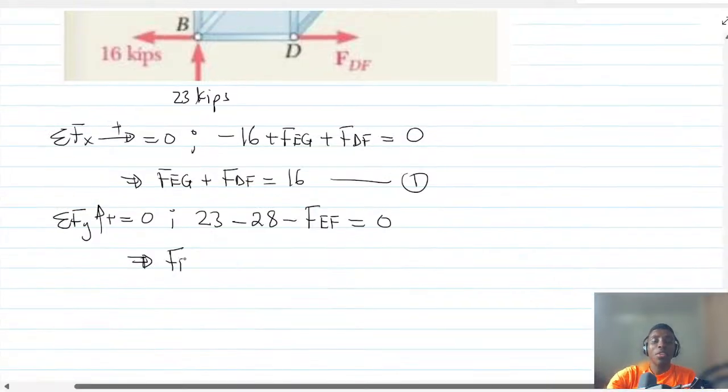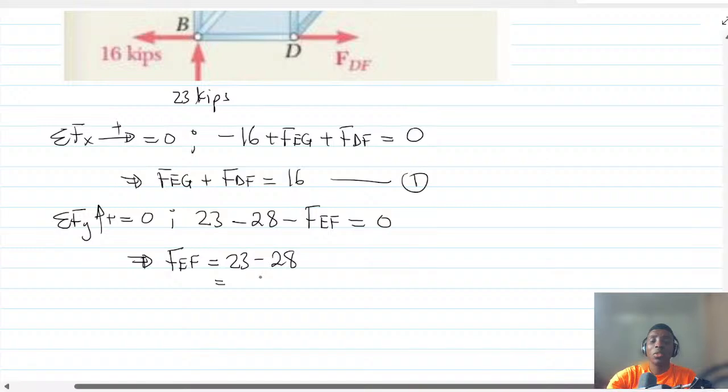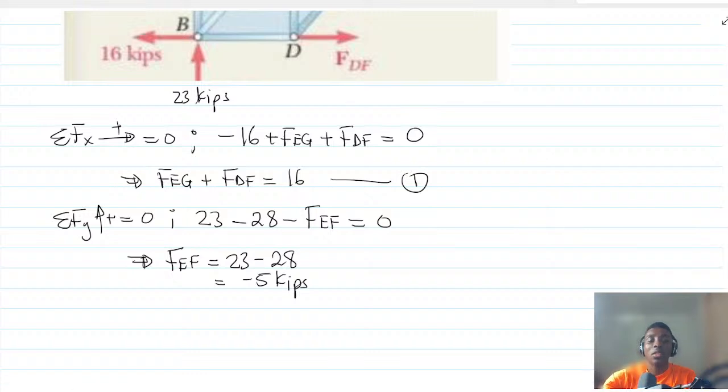So FEF, or the force in member EF, is going to be 23 minus 28, which is what? Minus 5 kips. So that is it. First of all, we have been able to solve for FEF. Now, because it is negative, we can say that this is a compressive force.